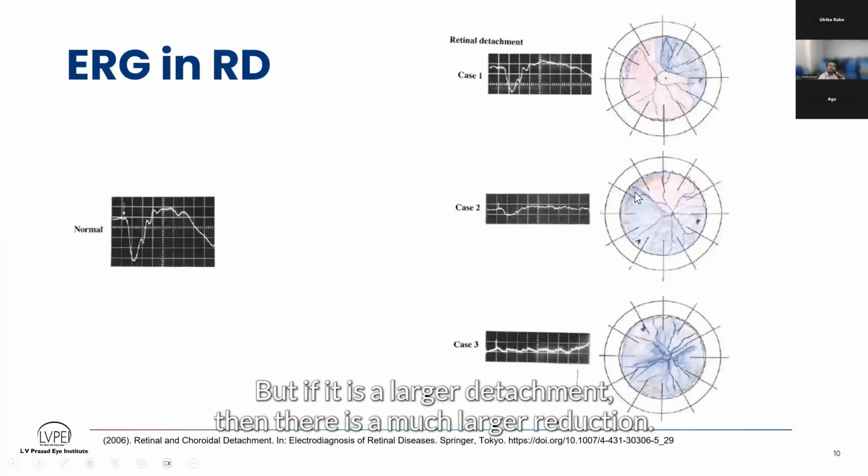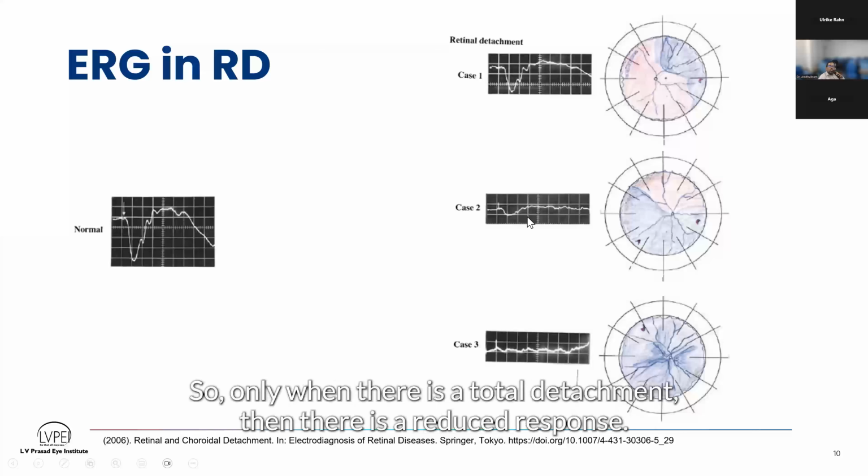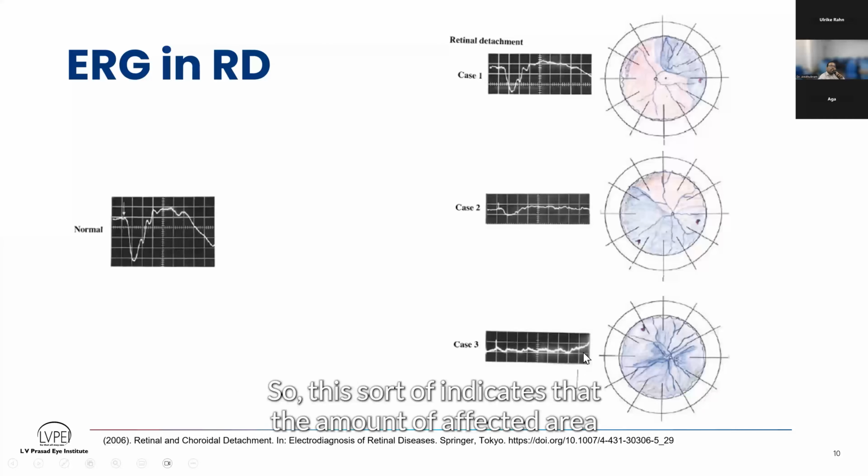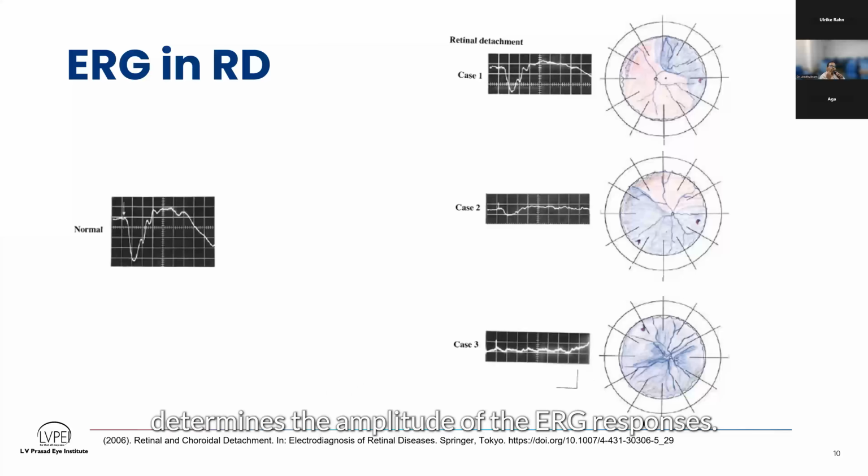But if it is a larger detachment, then there is a much larger reduction. Only when there is a total detachment is the response greatly reduced. So this indicates that the amount of affected area determines the amplitude of the ERG responses.